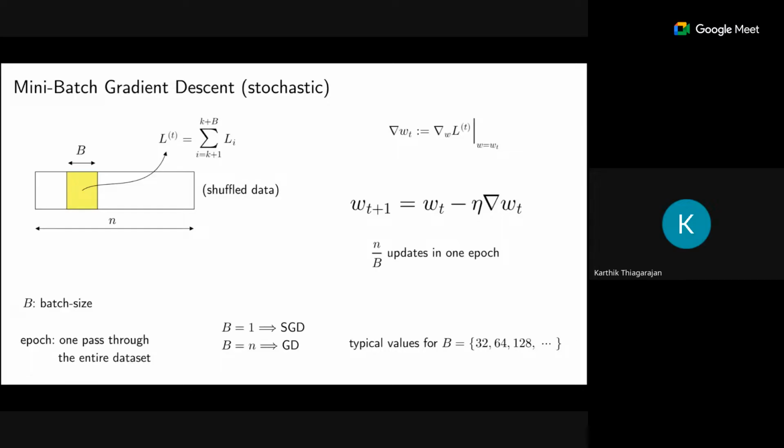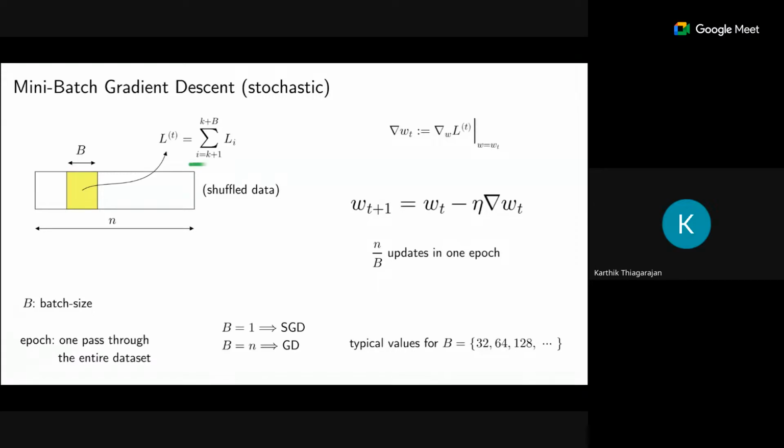That subset of the data is kind of representative of the entire loss function. So the loss of a mini batch is going to be representative of the total loss, right?